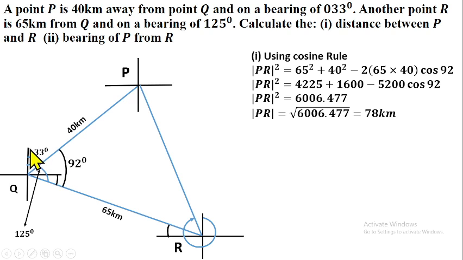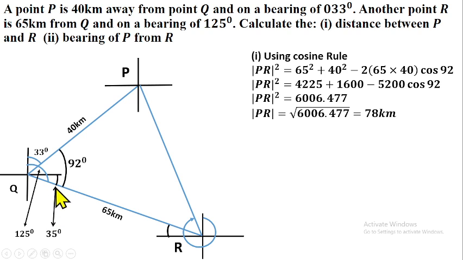So what will be from here to here? That should be 125 minus 90 degrees, which gives us the remaining small angle of 35 degrees.